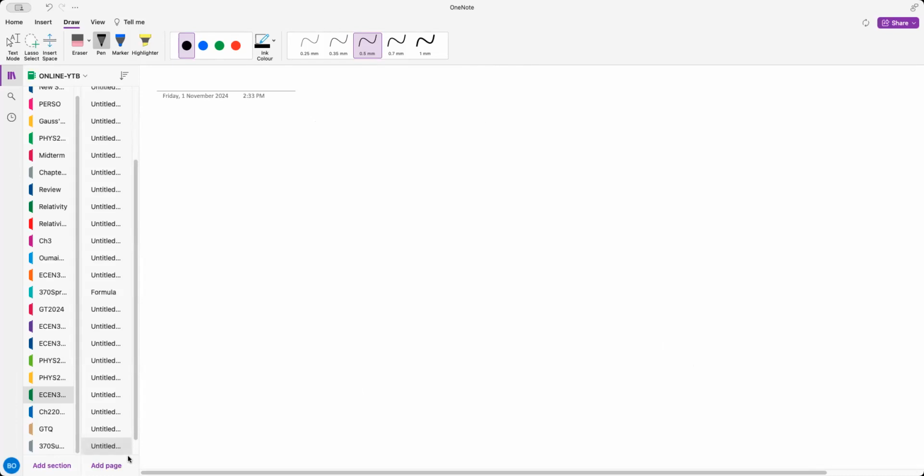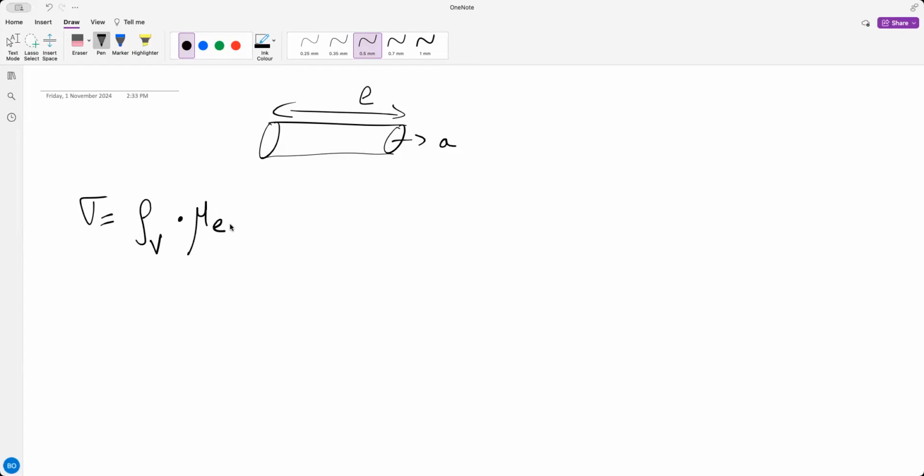The last two things I wanted to mention here: if I give you, as we did in class, a copper cable, for example, with radius A and length L, and I give you the conductivity, we know that the conductivity is equal to the volume charge density times the mobility of electrons.